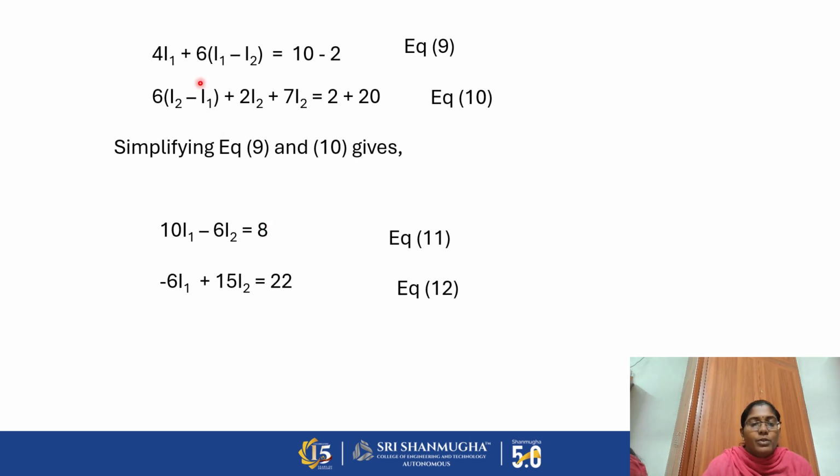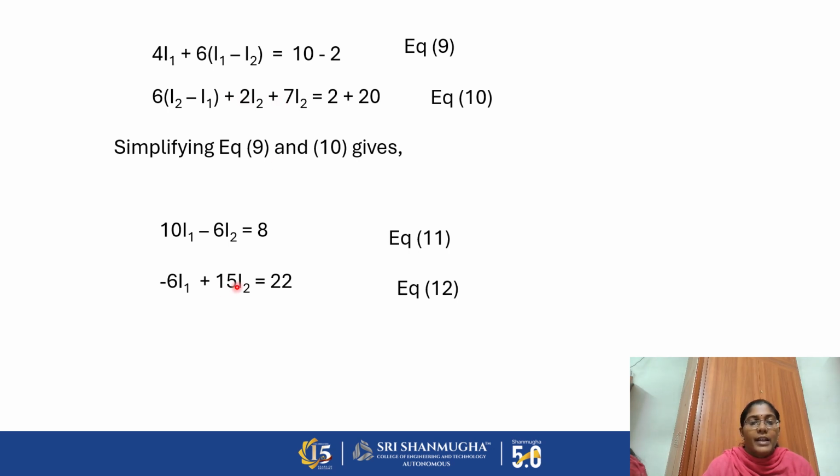Now for equation number 10, the coefficient of I1 is only 6, and the sign is minus, so minus 6 I1. The coefficient of I2 is 6 and 2 and 7: 6 plus 2 is 8, plus 7 is 15.